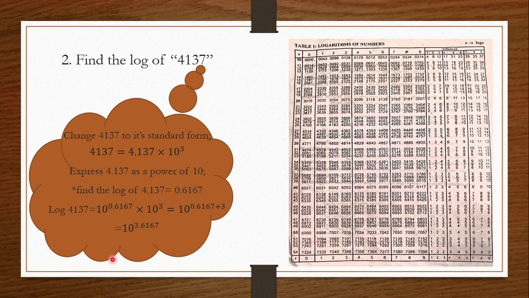Like now, you can be reading 40 and want to check the difference table, and you might read the difference of 39 instead of 40. So you have to be very careful when reading your logarithm table. Therefore the log of 4137 equals 3.6167, sorry.